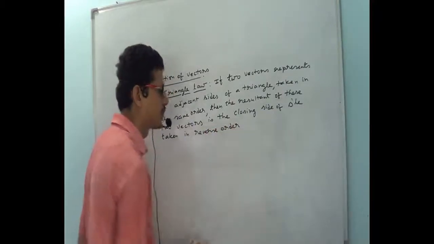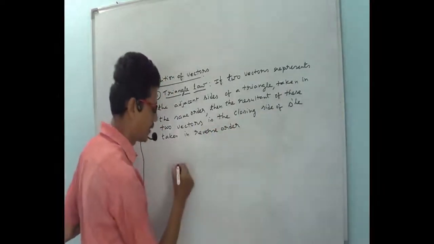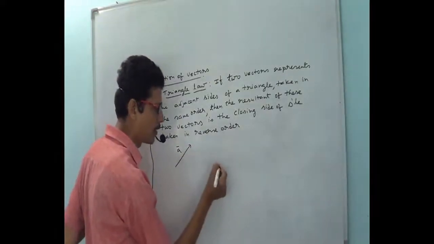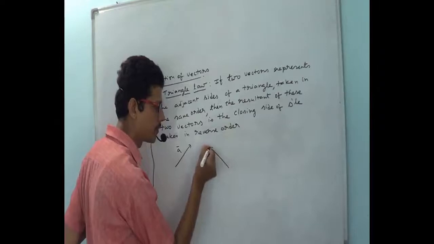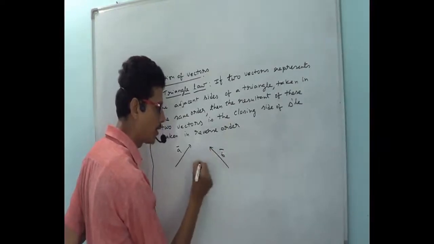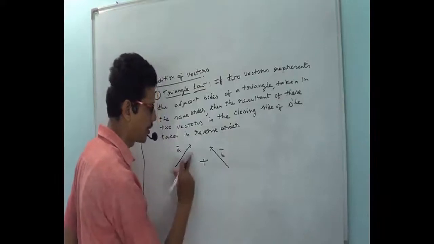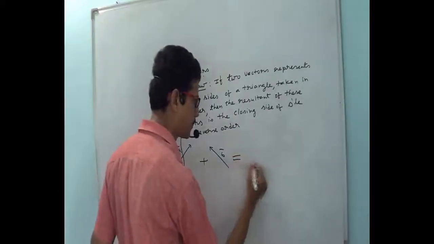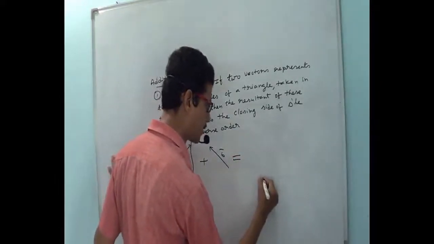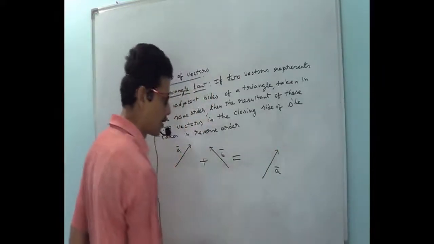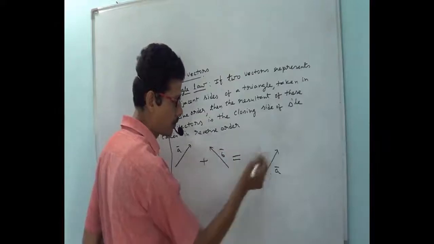So you can easily understand this. This is a bar, and there is one more vector, b bar. I have to add these two. How I have to add is, first you take this vector like this, without changing the direction and magnitude. This is a bar, and now this is b bar.